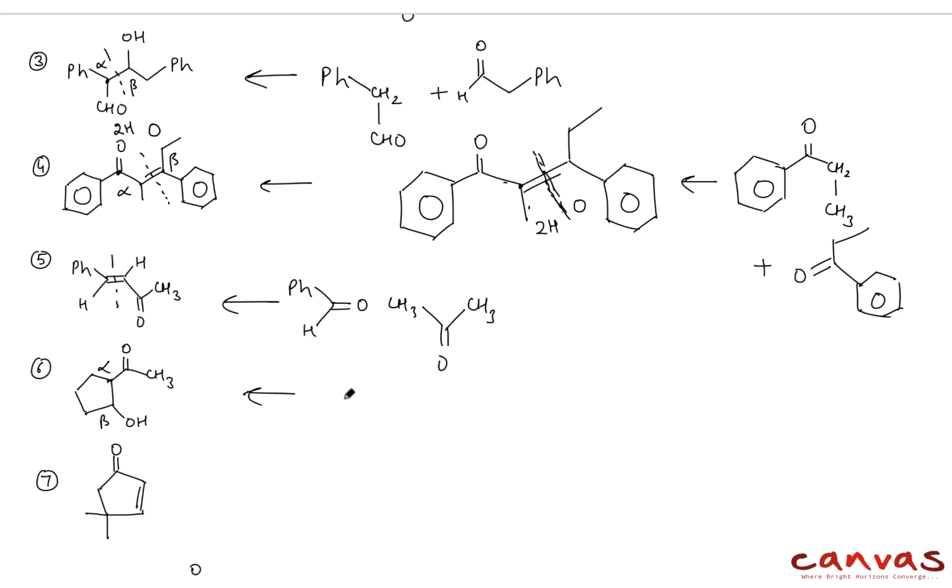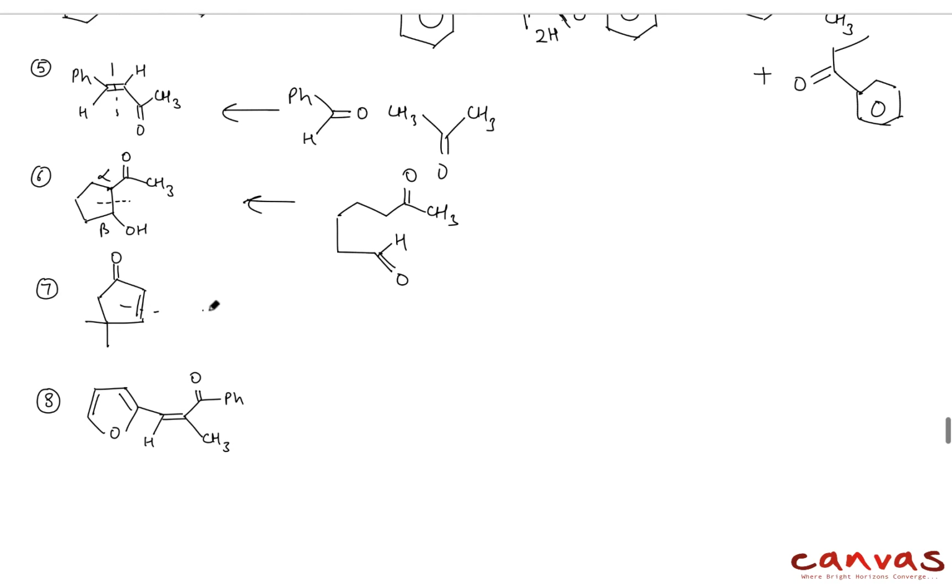Okay, so when you break the bond, you're getting this product, because alpha beta bond breaking and this OH is converted into double bond O. That's all.